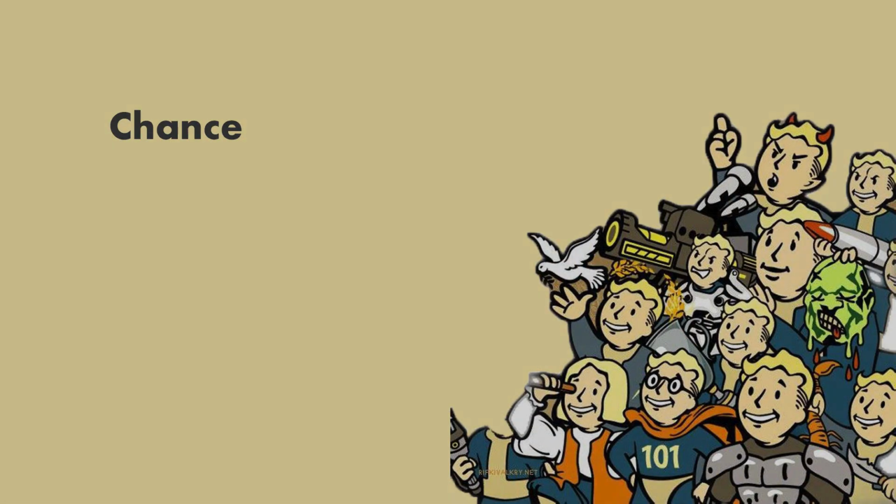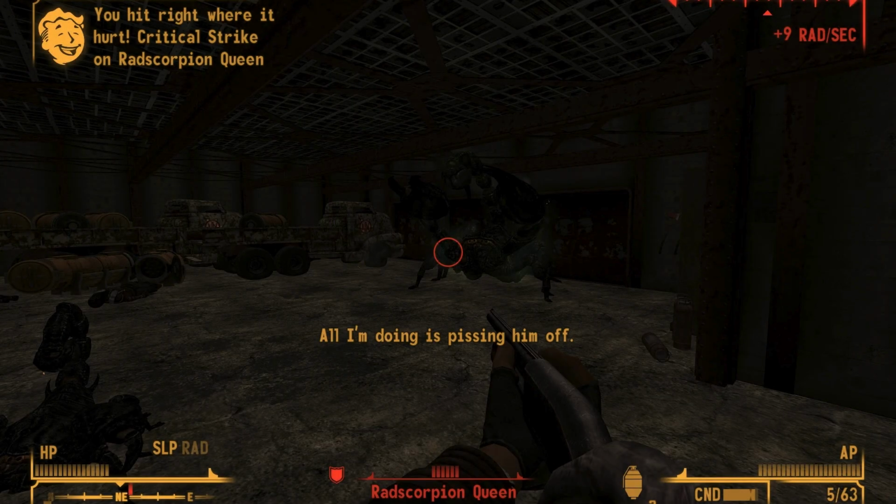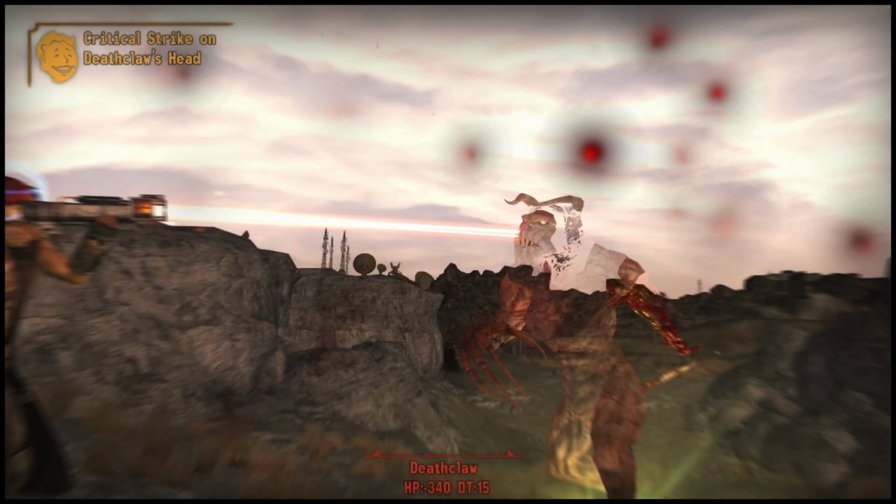Chance is important because it introduces uncertainty and provides surprises. In Fallout New Vegas, chance is implemented via the probability of success in the Vault-Tec-assisted targeting system, hit chance, and the possibility of a critical hit on any attack.